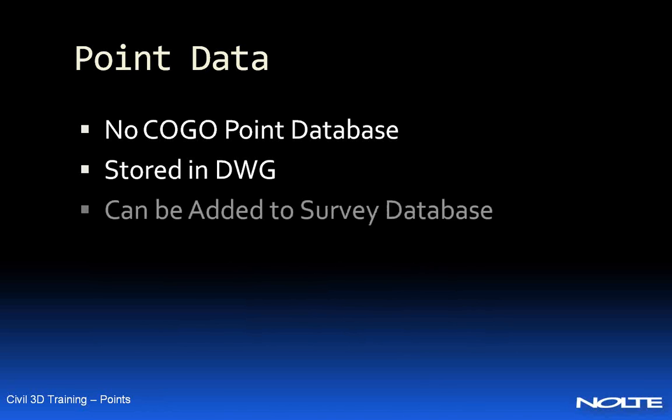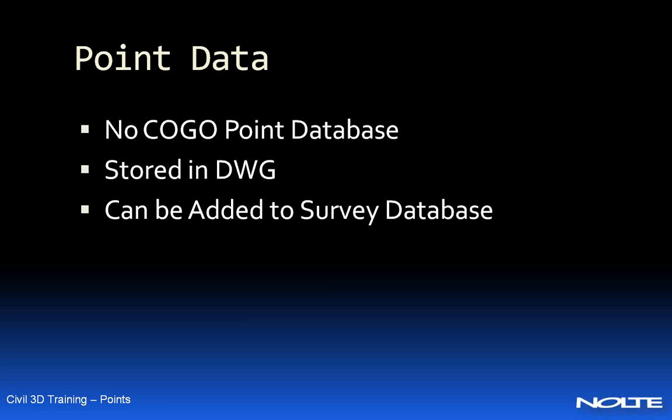All right. Points can be added from our drawings to what's called a survey database, and for today's presentation I don't have enough time to address that. In a couple weeks I am doing a presentation on bringing in field data through Trimble Link and Fieldbook files into Civil 3D.